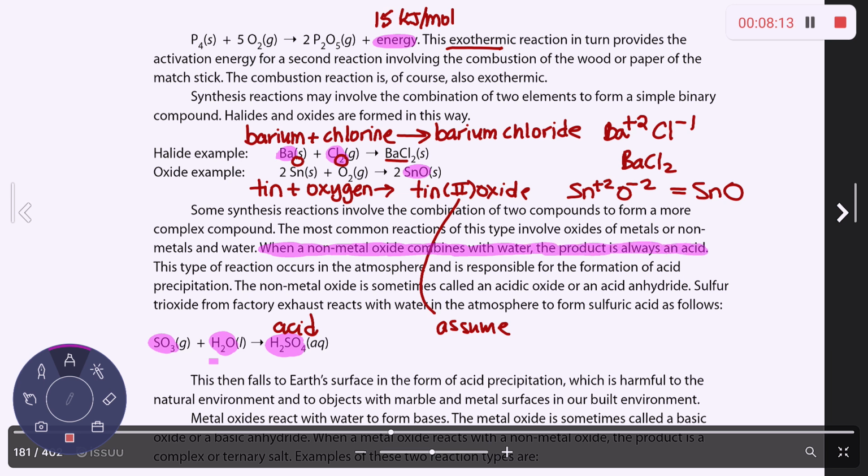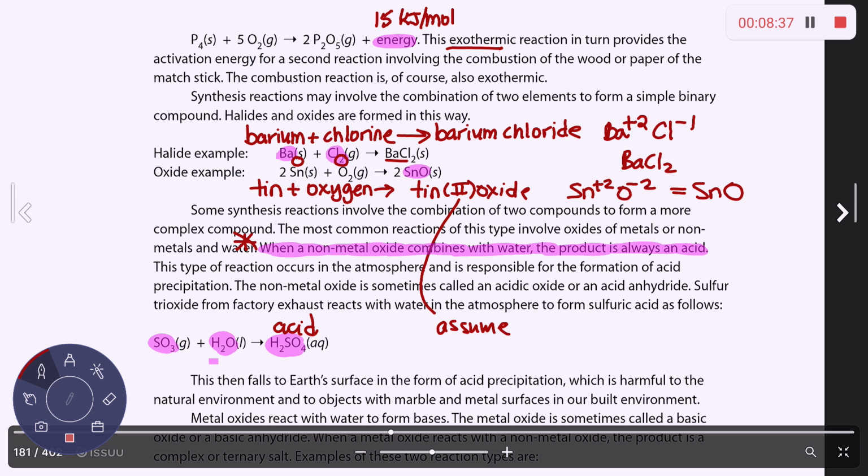You may not necessarily know what chemical formula will form for the acid. I would just know this generic sentence, and you obviously know how to recognize an acid. Okay, that's sulfuric acid.